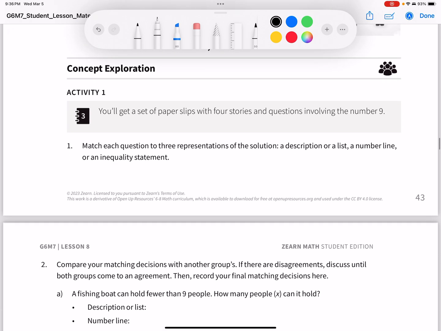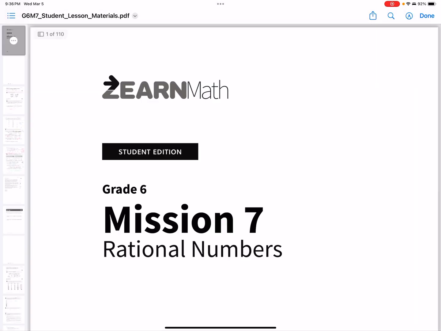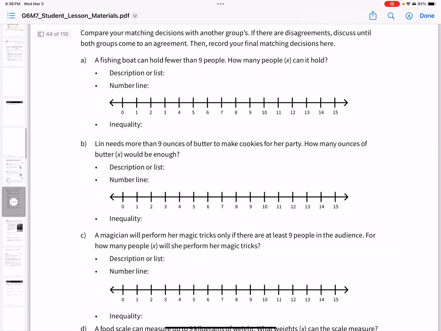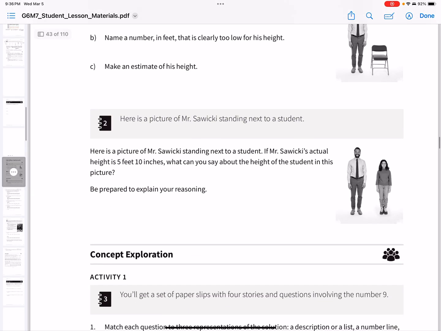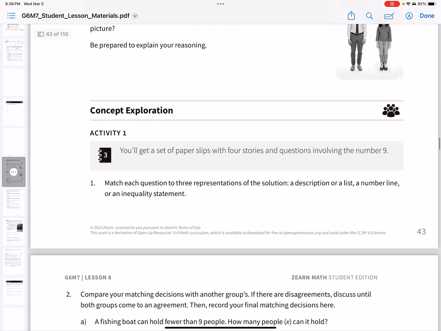You'll get a set of paper slips with 4 stories and questions involving the number 9. Match each question to 3 representations of the solution: a description or a list, a number line, or an inequality statement. So there will be a story, and in the story, you will have 3 things that you're going to have to find.